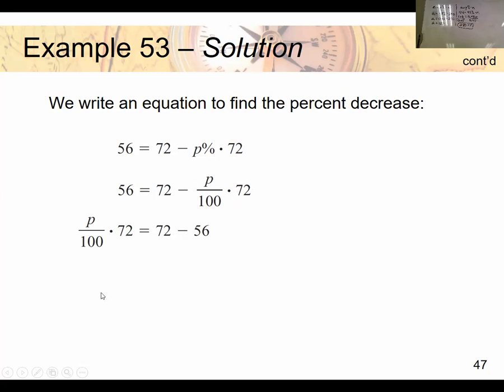They just moved that over, made that a positive, P over 100 times 72. 56, they moved that over to the right-hand side, made it a minus. Okay, so here they're using inverse operations. Now, 72 minus 56 would give us 16. So we get P over 100 times 72 equaling 16.